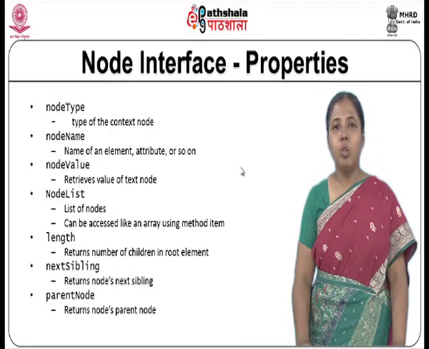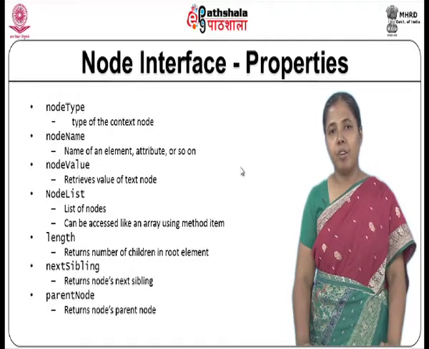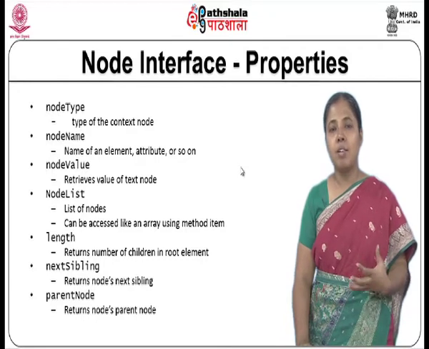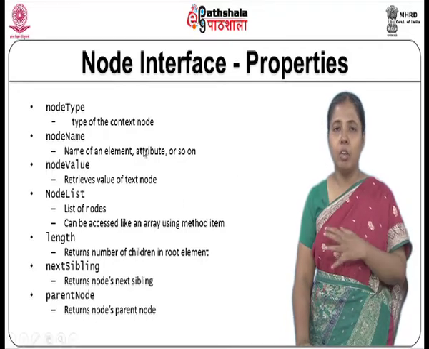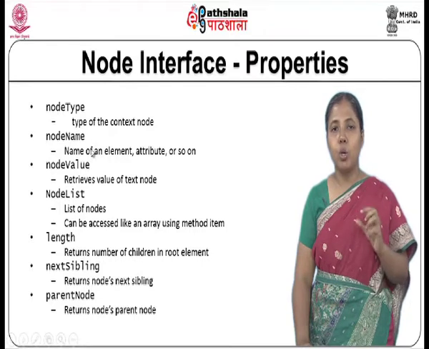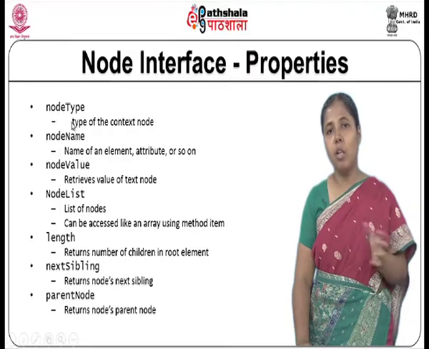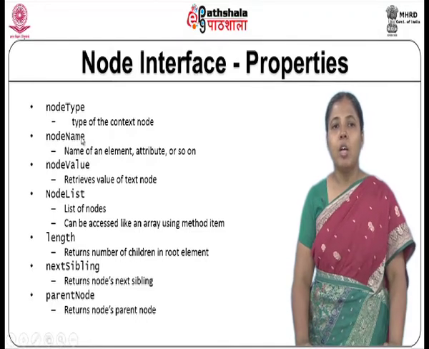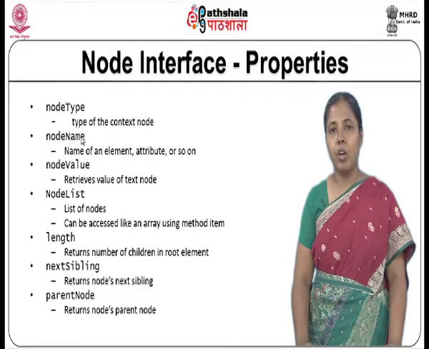Coming to the properties, the node interface defines the properties of all the nodes, and this is inherited by the other interfaces. So, the node is the basic interface, and all other interfaces inherit the properties of the node interface. The basic properties available in the node interface are node type.